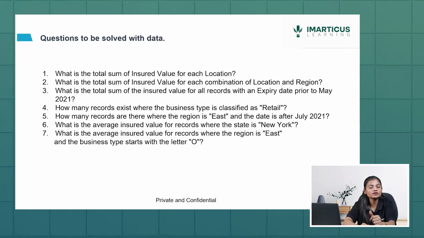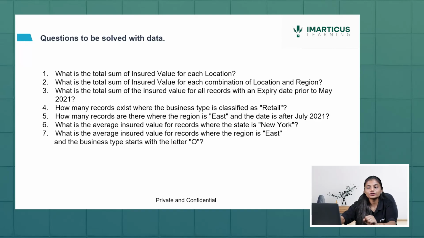When there is after with respect to date, a greater than factor would be considered. So the first criteria is region equals East, and the date is after July 2021. The date we have is expiry date, so expiry date after July 2021, that is nothing but greater than July 2021.